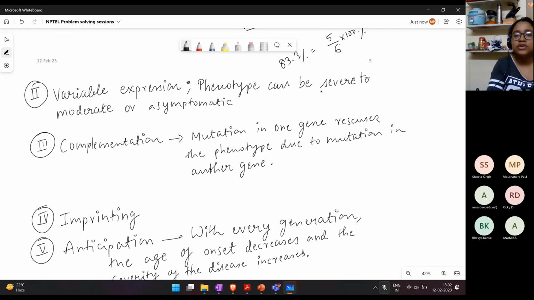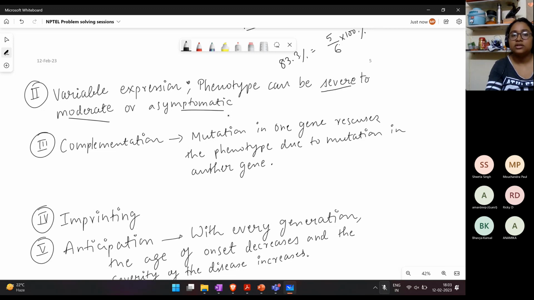A few people will be showing very severe symptoms, but there might be a few whose symptoms are quite moderate, or there might be a few who are asymptomatic, meaning the disease has not shown itself at all.